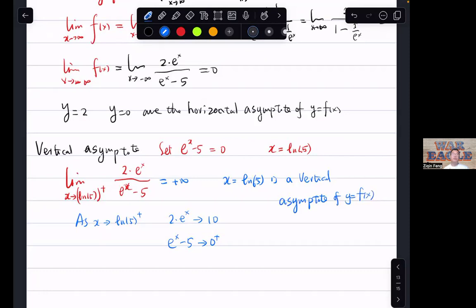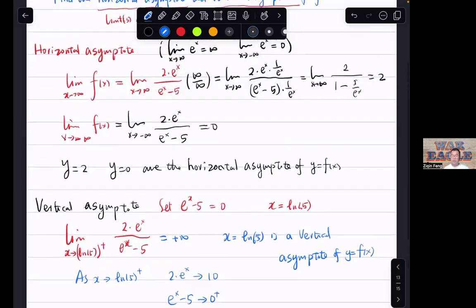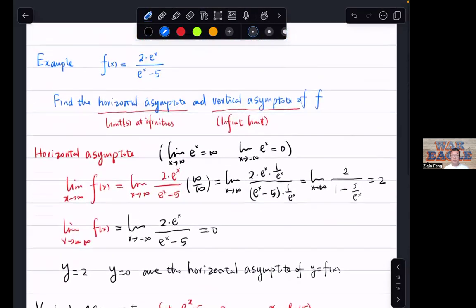To identify the vertical asymptote, you start from the roots of the equation obtained by setting the denominator equal to 0, but some roots may not be a vertical asymptote, and some could be. That's our starting point. So that's how we start with a function and identify the horizontal asymptote and vertical asymptote of such a function.